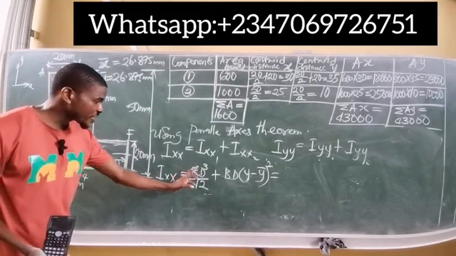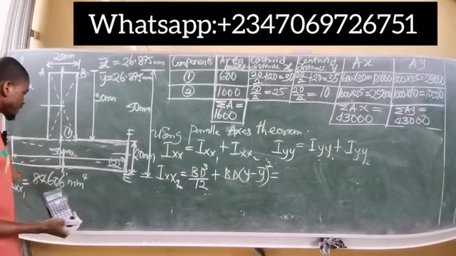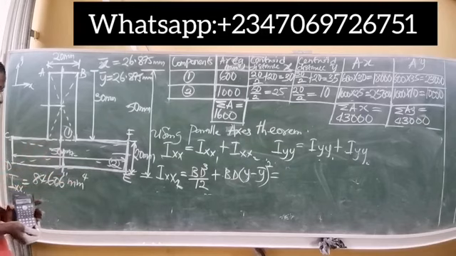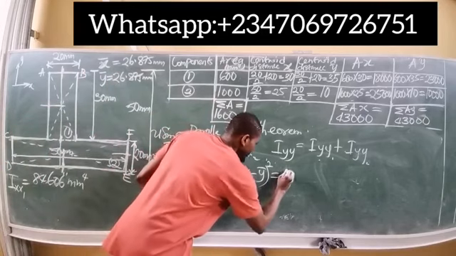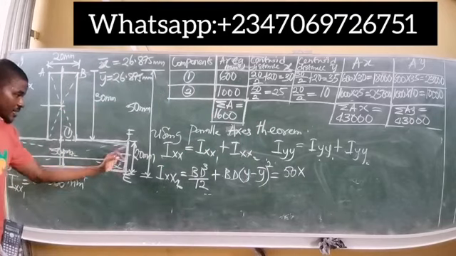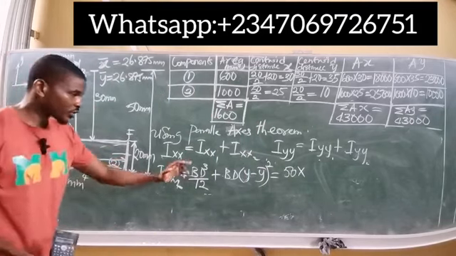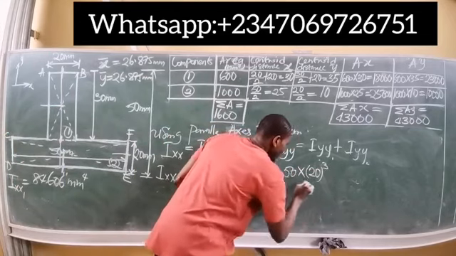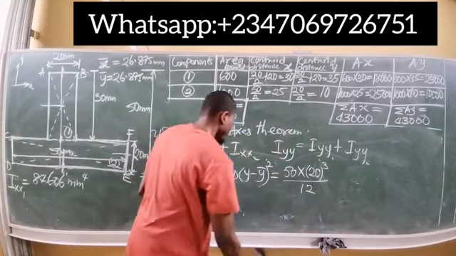So we have bd cube over 12. b is the width, and for the second segment, the width is simply from D to E, which is 50 millimeter. So you simply have 50 by the depth. The depth here is this height, which is 20 millimeter. So the depth cubed becomes 20 to the power of 3 all over 12.